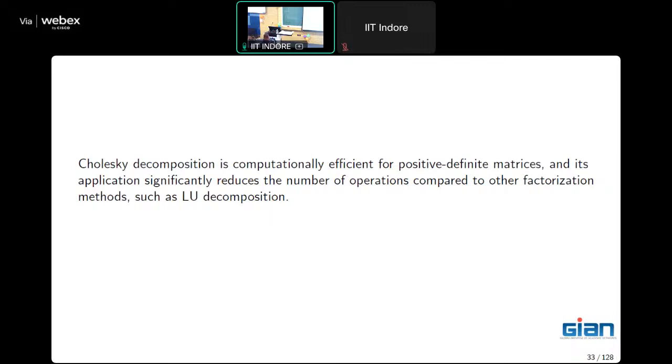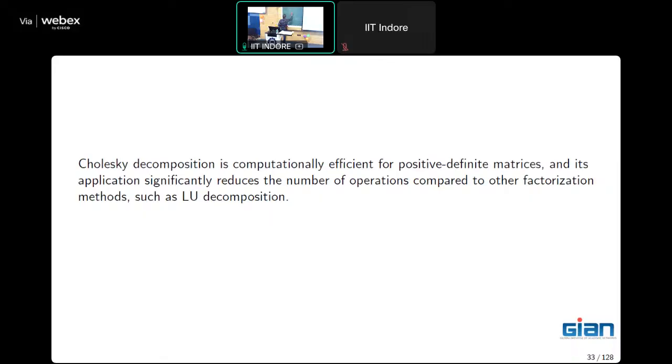In general, in LU decomposition we need 2n³ by 3 flops. And in Cholesky decomposition, we need n³ by 3 flops. So for LU we need 2n³ by 3 flops, and for Cholesky, LL^T, you need n³ by 3 flops.